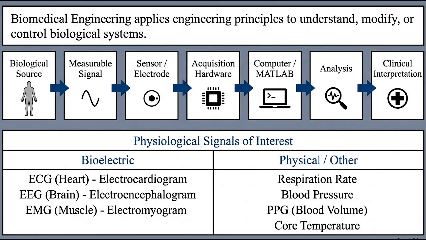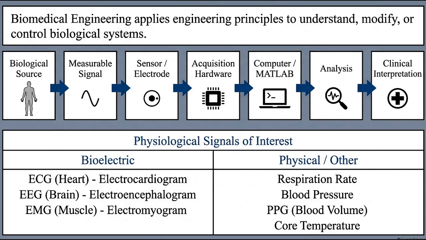Then the second part is a measurable signal. In order to process anything, we need data, right? So in this branch of science, we are dealing with measurable signals, that is, signals that can be quantified or measured.